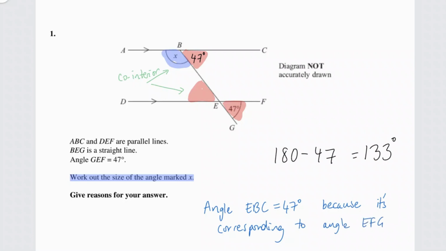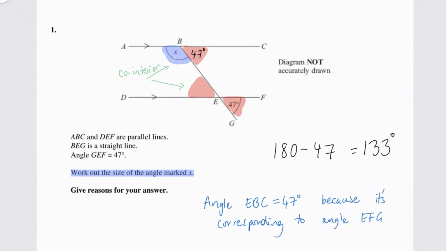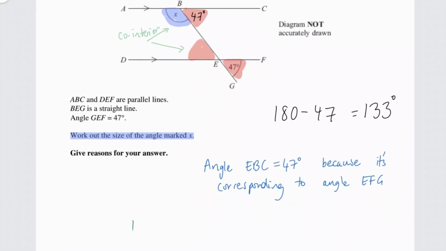And then we're going to use the rule angles on a straight line add up to 180. So ABE equals 133. Angles on a straight line sum to 180.